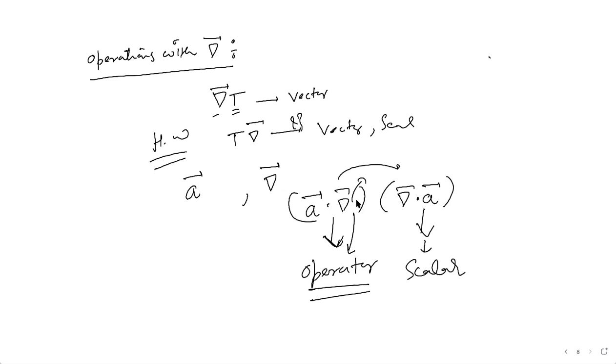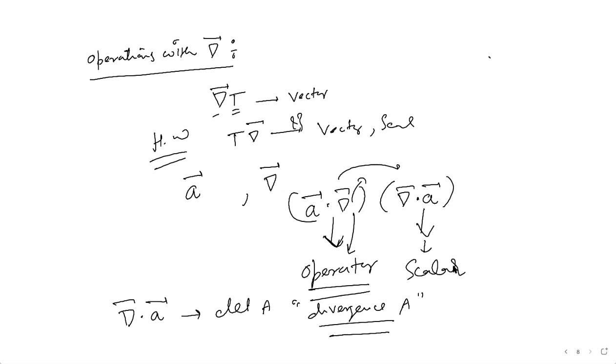So this quantity that I now say, del dot A, or basically divergence A, is a very important quantity. Right, so this gives you a scalar. The dot product of two vector functions gives you a scalar quantity, right?